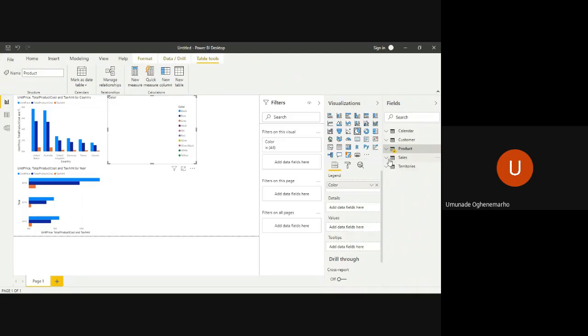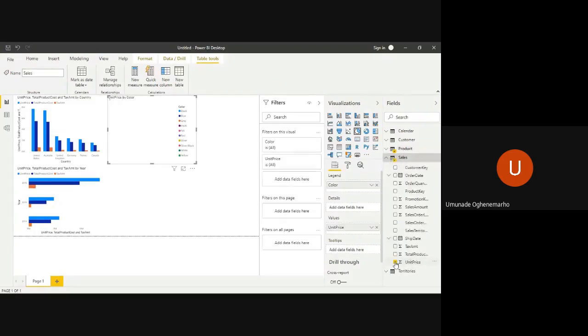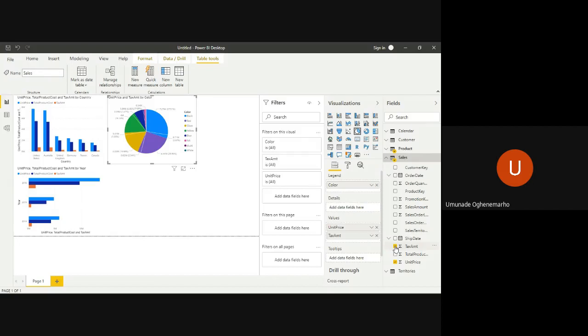So sales for unit price. Under the unit price, we want to see the details about the tax amount. So what is the tax amount for each of the unit prices? So we can see clearly.